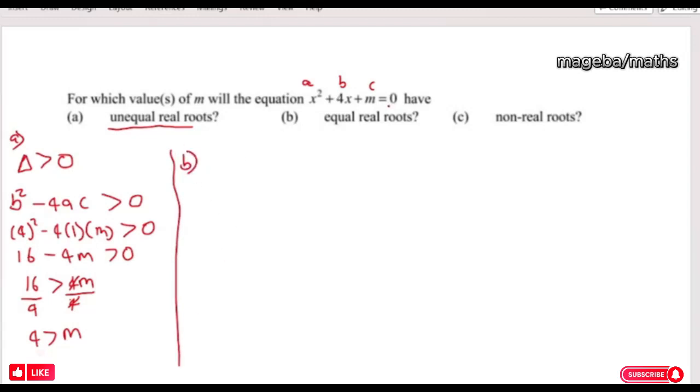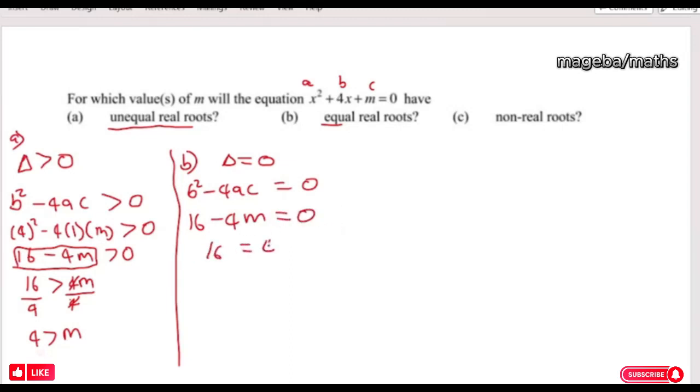Now B, they say you must find the equal root. For equal roots, the delta must be equal to 0. Our delta is still the same, b squared minus 4ac equals 0. We substitute everything, and it gives us 16 minus 4m equals 0. Moving 4m to the other side, 16 equals 4m.